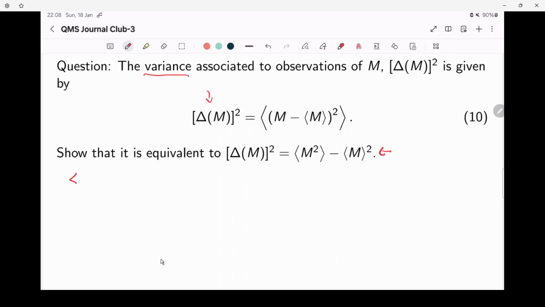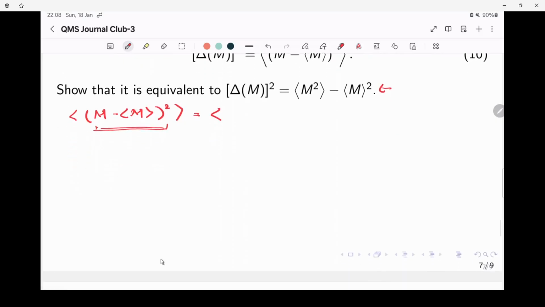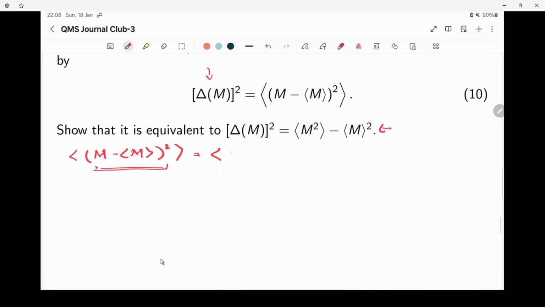So this is actually not as difficult as you think it is. The variance of particular observations is given by the expected value of this. So this is basically the definition. So what you need to do is to square the whole thing first. So you have m squared minus 2m times the expected value of m.